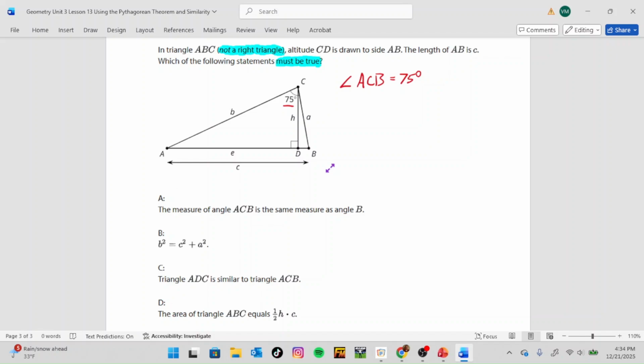They don't give us the angle measurement here, and there's no other information given that would allow us to find that out. So for A, maybe it's true, but there's not enough information. Okay, that might be true, it might not. We don't know, so therefore we cannot say that it must be true.